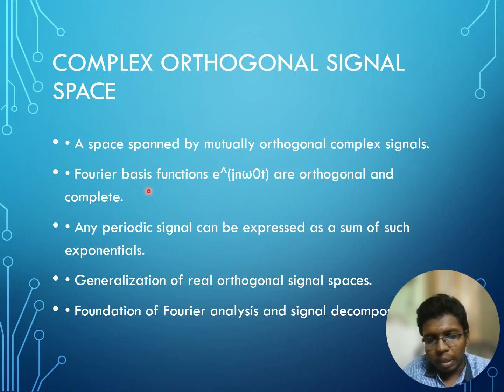For Fourier basis functions, e power j n omega naught t are orthogonal and complete.